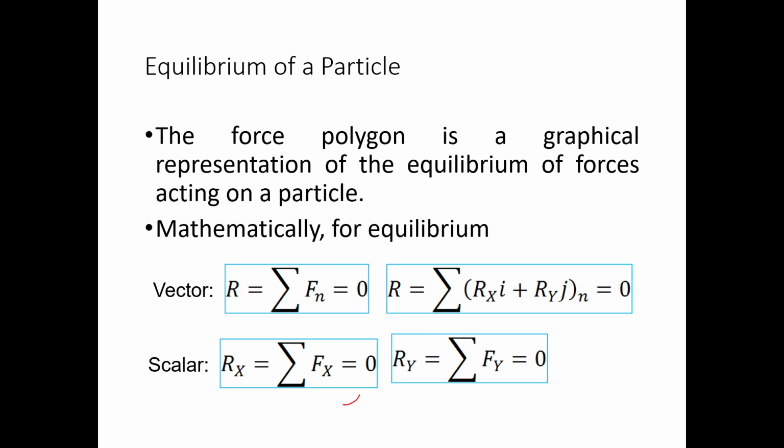This time it's equal to 0 because our condition is in equilibrium. If you add the forces, the resultant of which is 0, meaning the component forces, let's say the x and the y components, are also equal to 0, di ba?